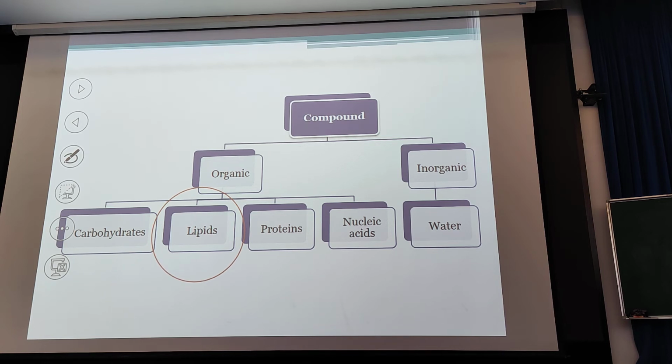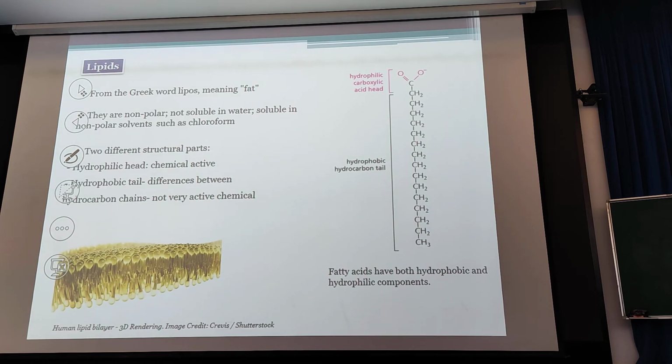So next we go to discover another organic compound inside the cell. This is lipid. The word lipid comes from a Greek word, lipos, which means fat, and they are non-polar.